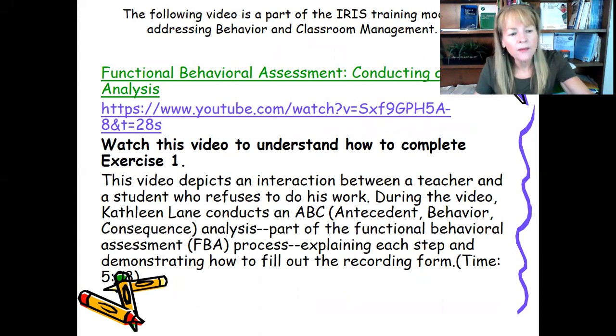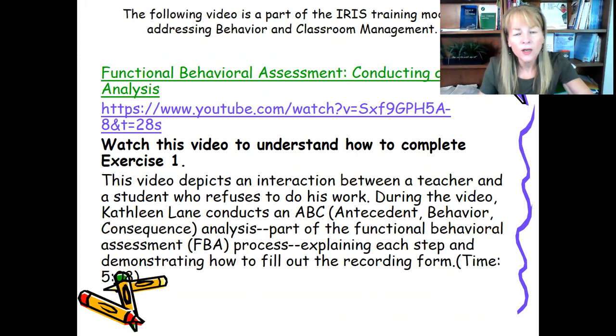Before you can write a behavior objective, you need to observe the behavior and analyze why the behavior is occurring. Students who have behavior infractions are required to have a functional behavior assessment. Typically, this involves several people observing the student or child in different settings and getting together to analyze why the behavior is occurring.